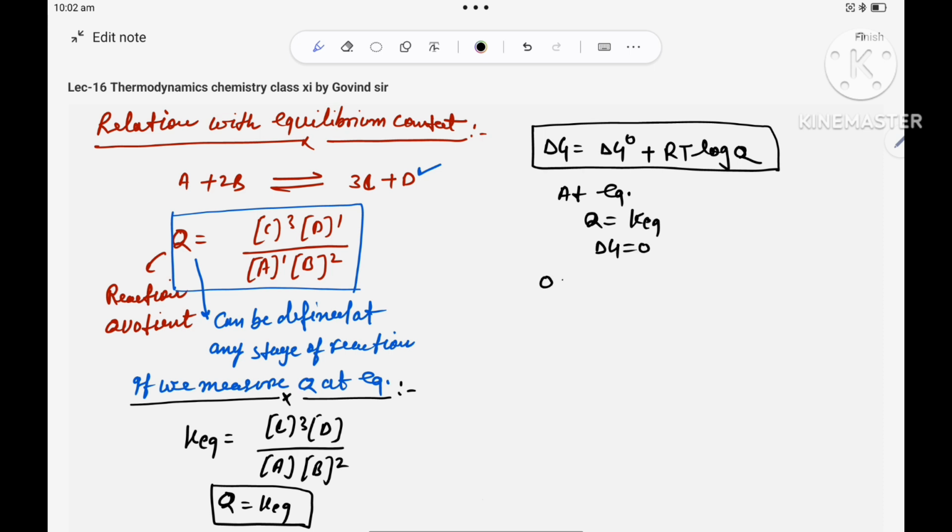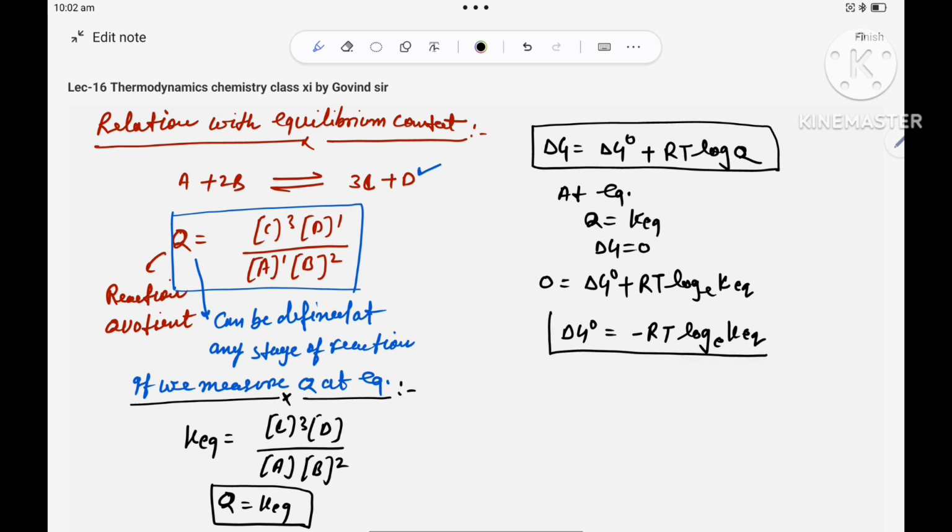So put the value: 0 is equal to delta G naught plus RT log K, with equilibrium constant at the place of Q. So from here delta G naught is equal to minus RT log K. So that is the relation.